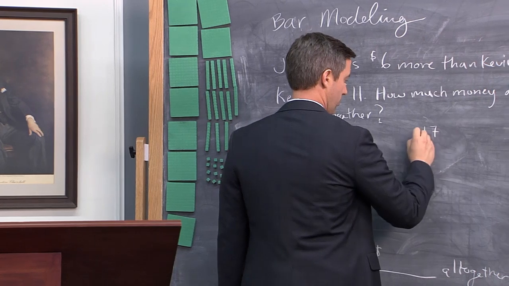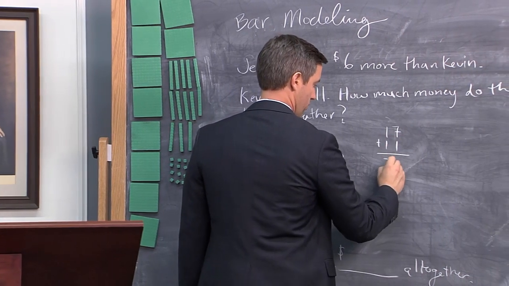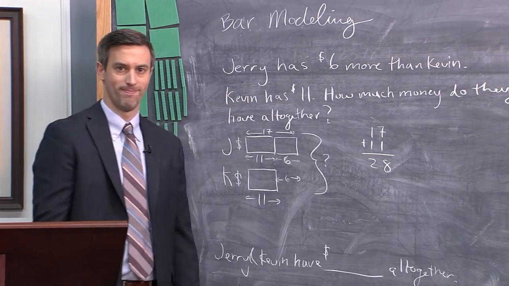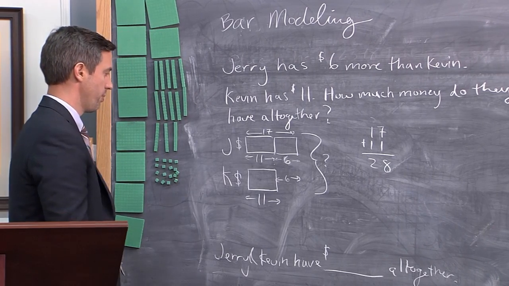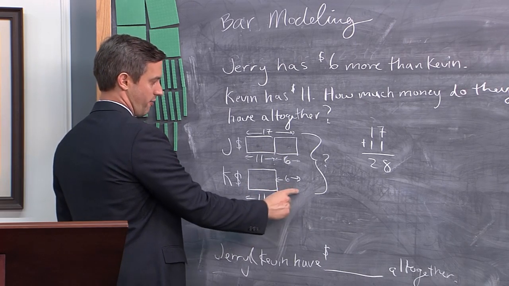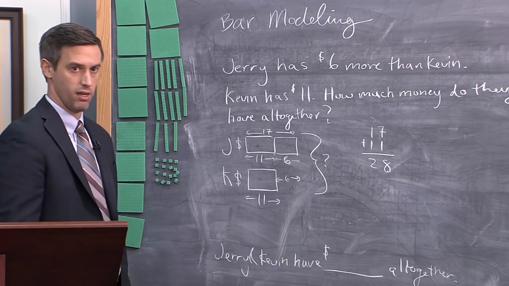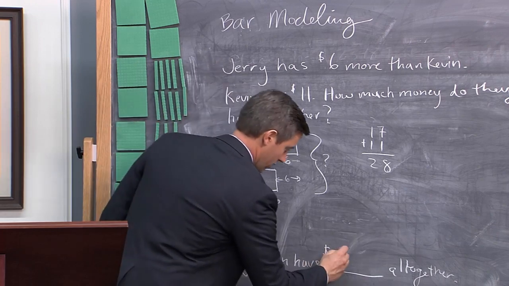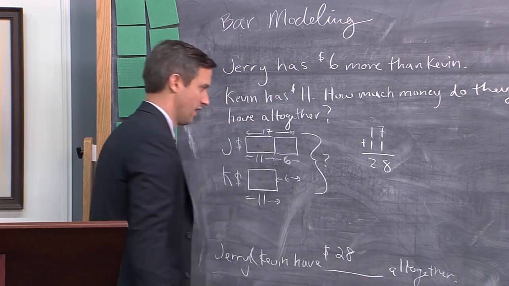So 17 plus 11 is $28. Okay? So this is a comparison. You have a larger quantity, a smaller quantity, a difference, and a total. So you can come back down here and complete your sentence.